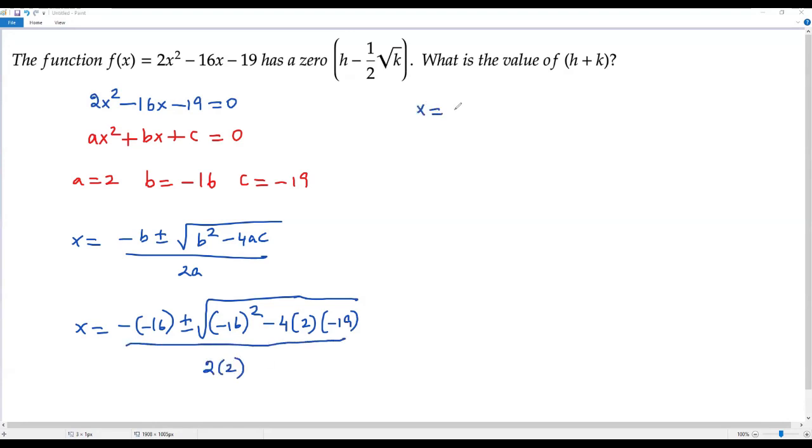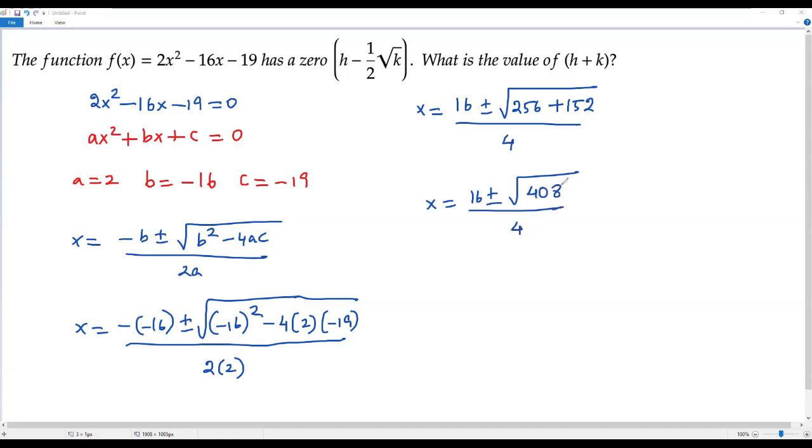So x equals 16 plus or minus the square root of 256, and multiplying negative 4 and 2 gives negative 8, and negative 8 times negative 19 gives positive 152, over 2 times 2, which is 4. Adding 256 and 152, I get 408 over 4.